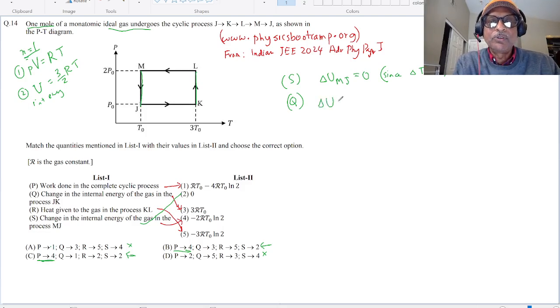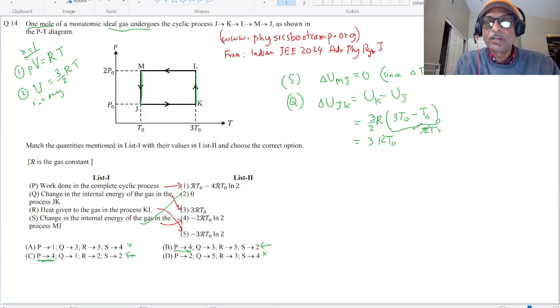Delta U from J to K is U at K minus U at J. Both of them have 3/2 R. T at K is 3T0, minus T0, which equals 3/2 R times 2T0. The 2 and 2 cancel, and it makes it 3RT0.